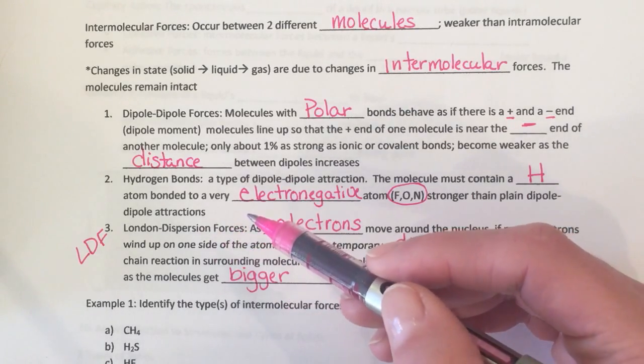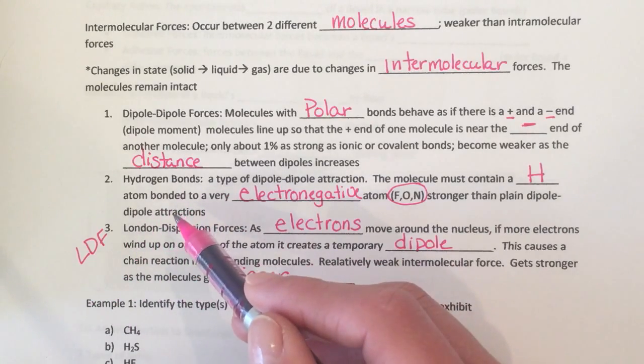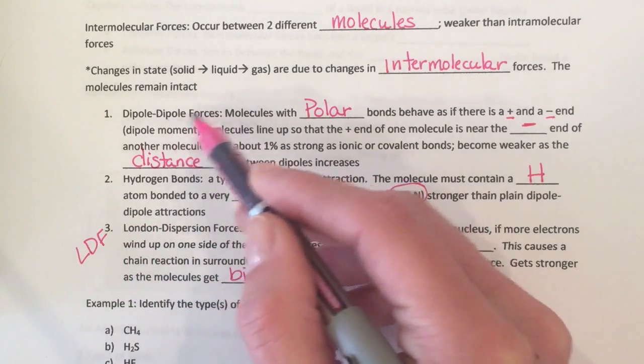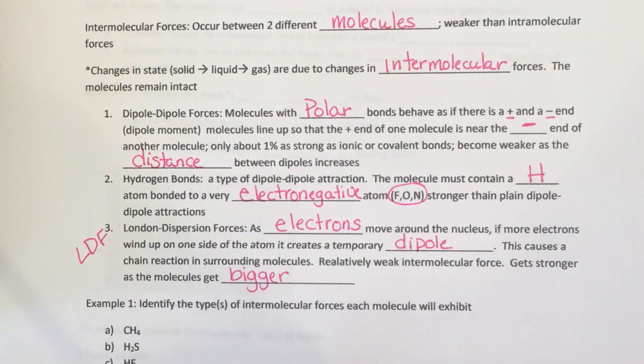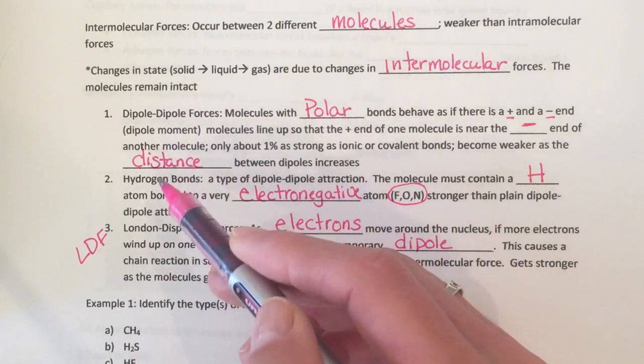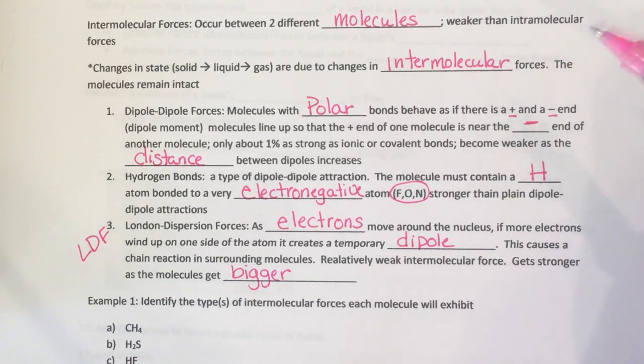So a molecule that is nonpolar will only have LDF. A molecule that is polar will have LDF and dipole-dipole. A molecule that is polar and contains hydrogen and fluorine or oxygen and nitrogen will have LDF, dipole-dipole, and hydrogen bonds. So we can have more than one.